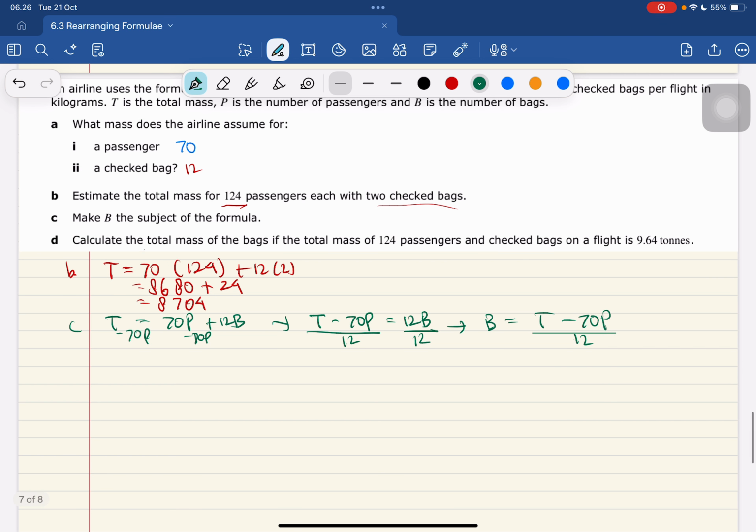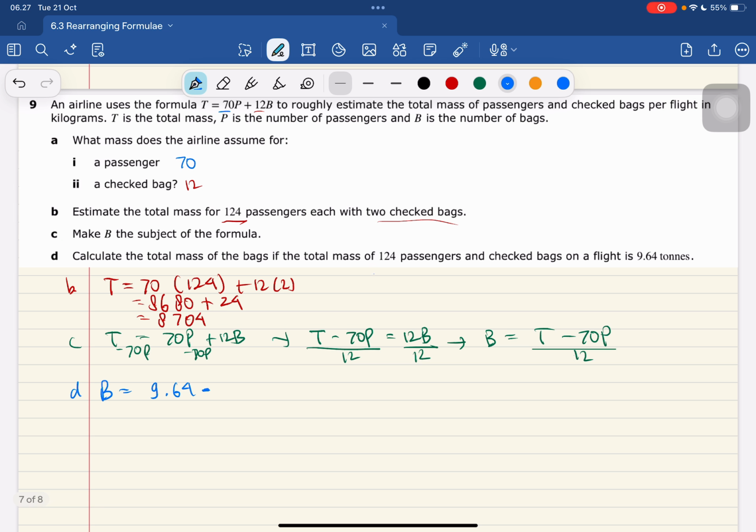Okay, calculate the mass of the bags if the total mass of 124 passengers and their checked bags is 9.64 tons.